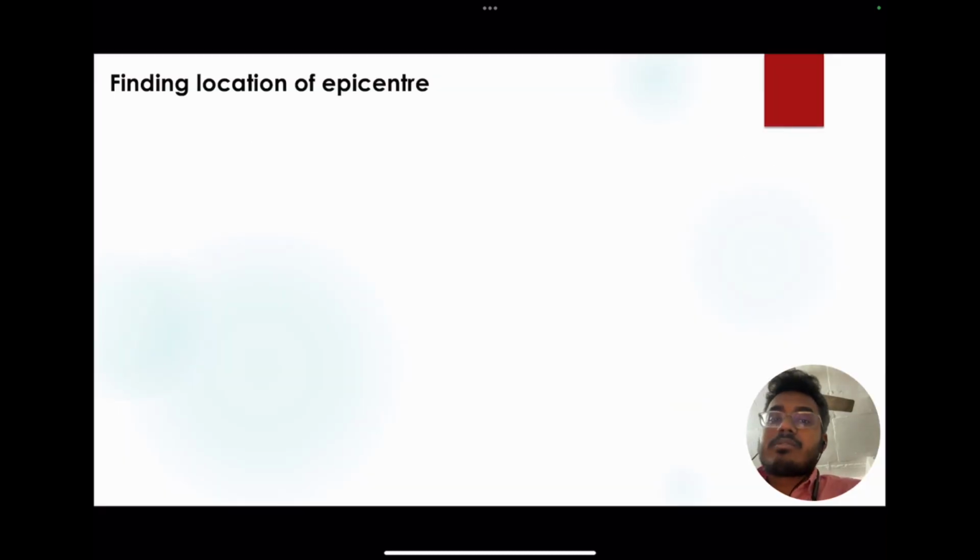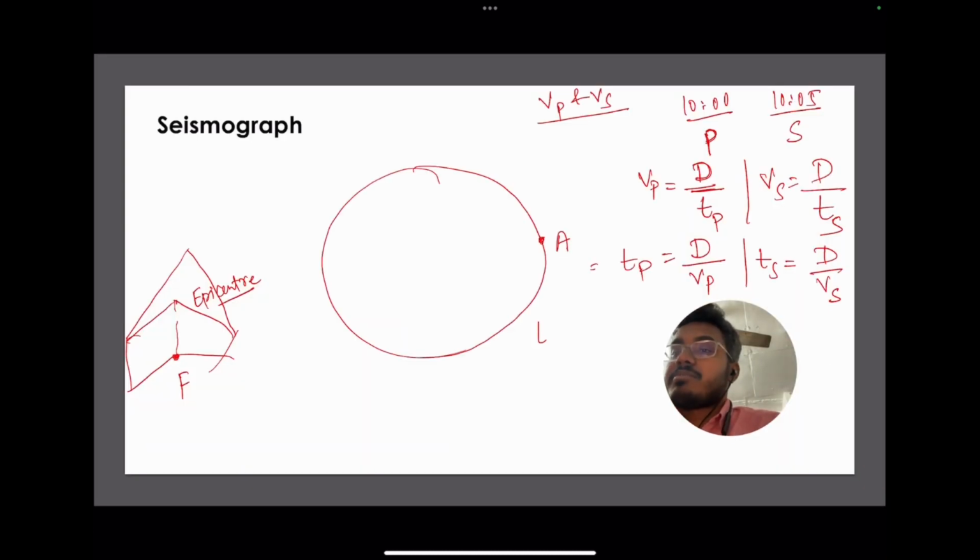We know Ts minus Tp. It will be, if we take d common, d times 1 by Vs minus 1 by Vp. This, in our case, is 5 minutes, that is 300 seconds.